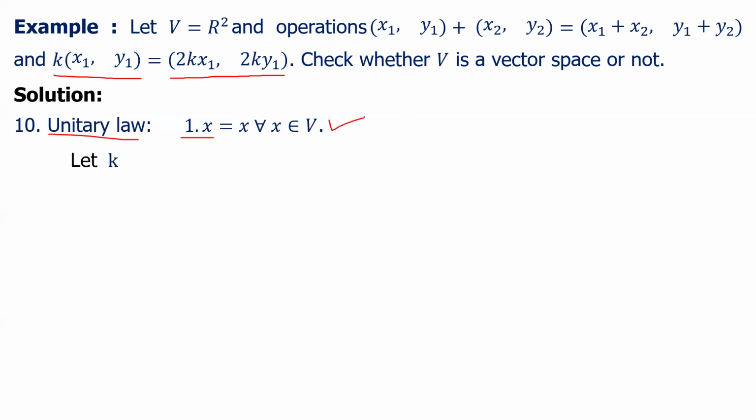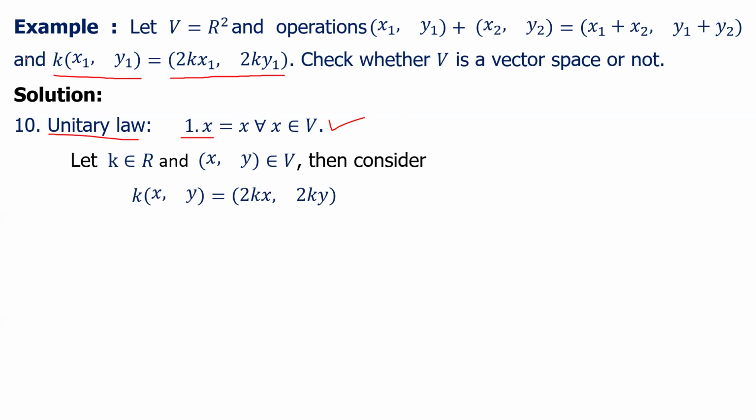In this example, let k belong to R and (x, y) belong to V. Then according to the definition, k times (x1, y1) is equal to (2k x1, 2k y1). Here k times (x, y) equals (2kx, 2ky). Let us put k equal to 1.